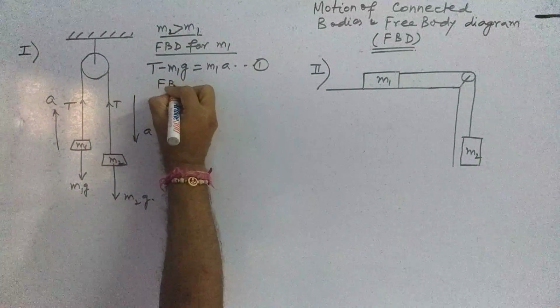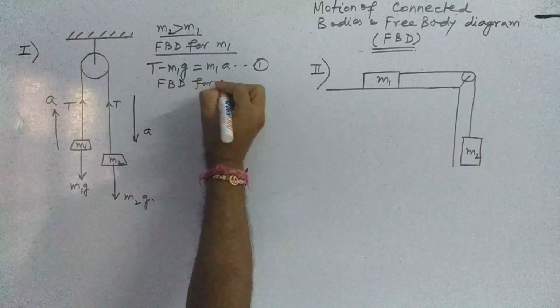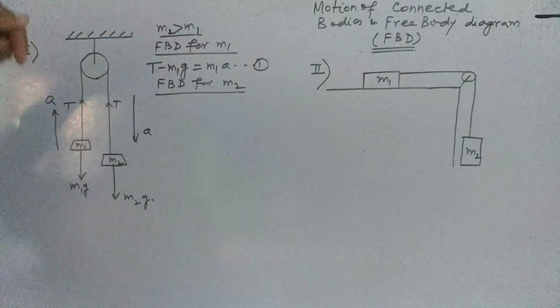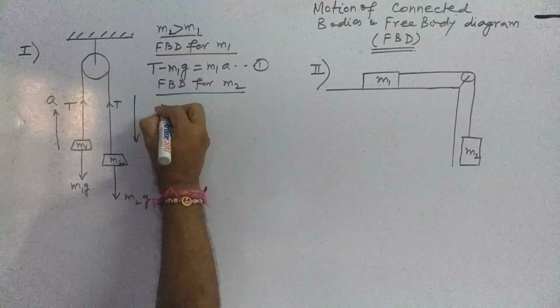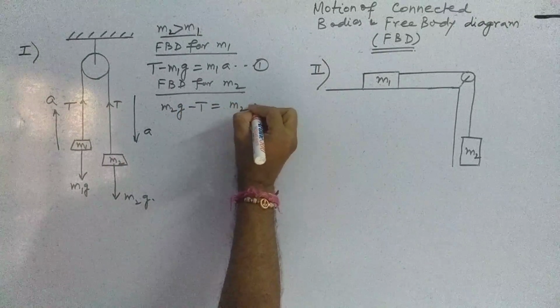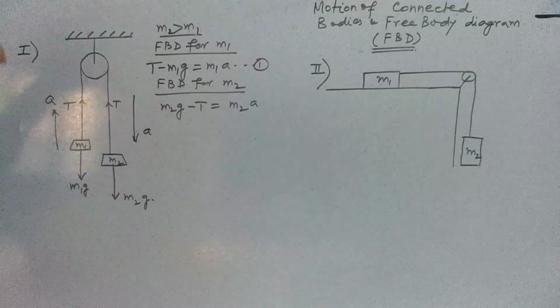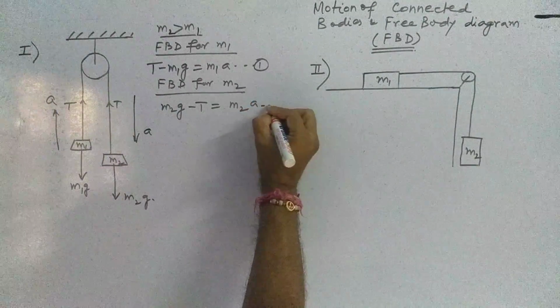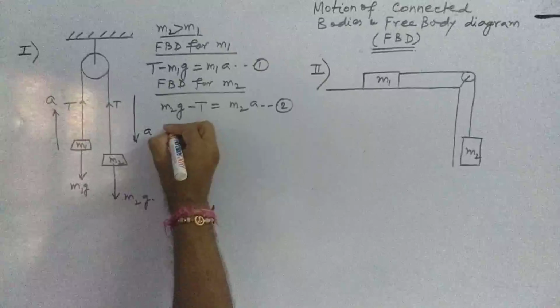And now you take FBD for M2. M2 going down. So M2G minus T should be M2A. M2G minus T. I write it equation number 2.